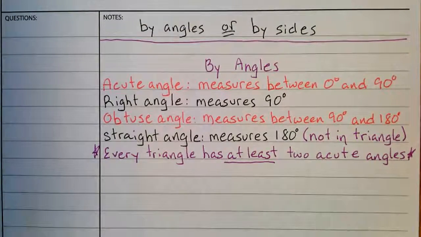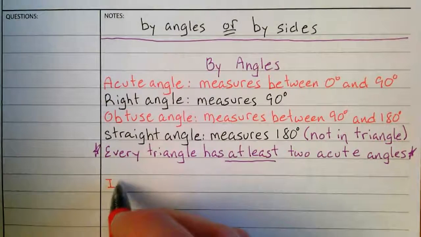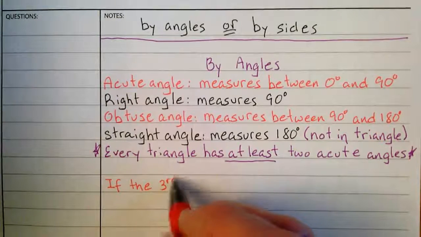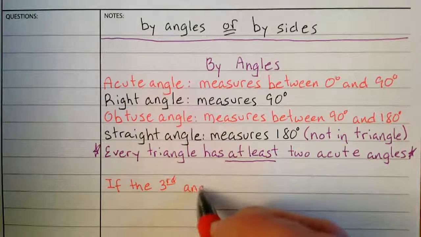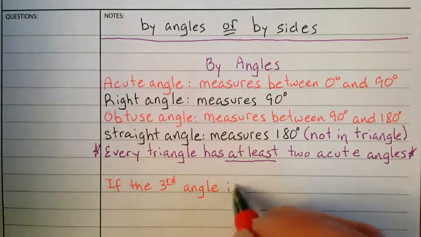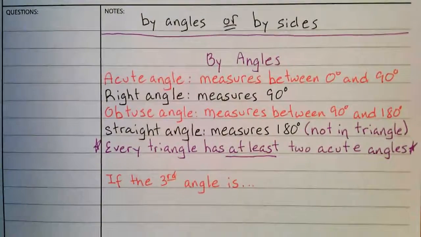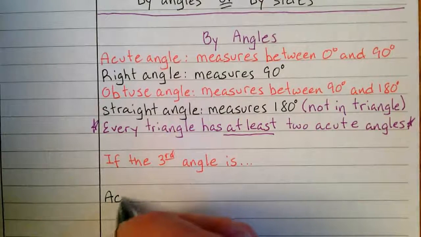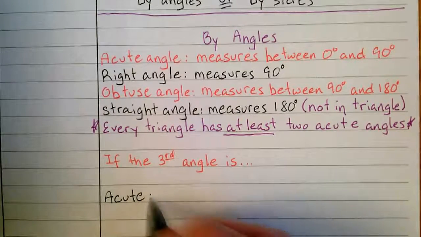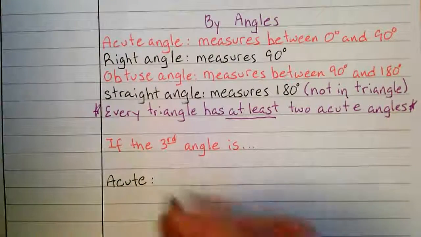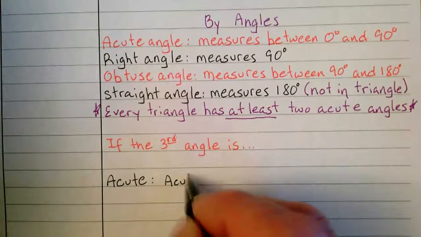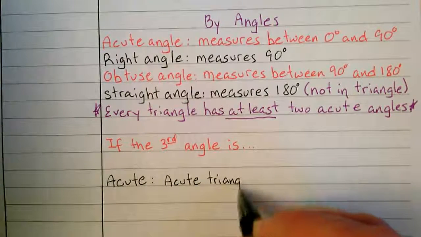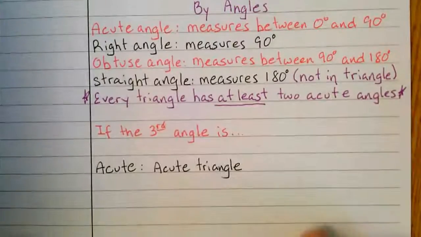So, if the third angle is acute, then we have an acute triangle.